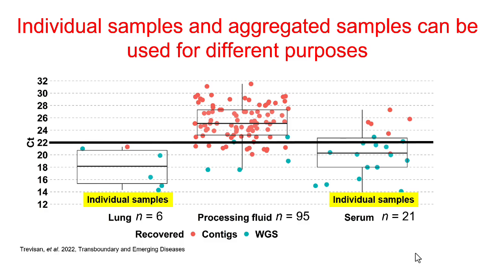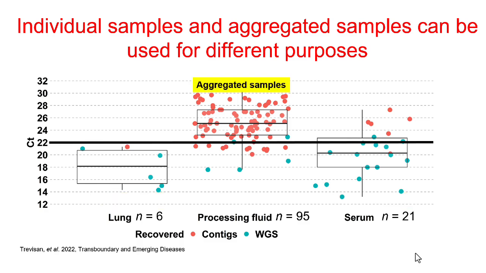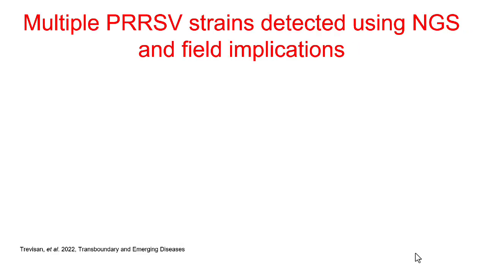On the other side, aggregate sample types such as processing fluids and oral fluids, where many animals in the herd contribute, may be more suitable to recover different virus strains circulating in the herd. So each sample type may call for a different approach.